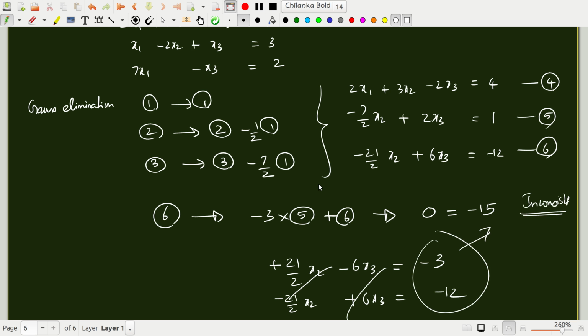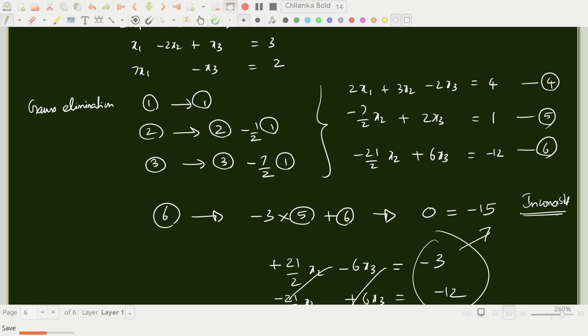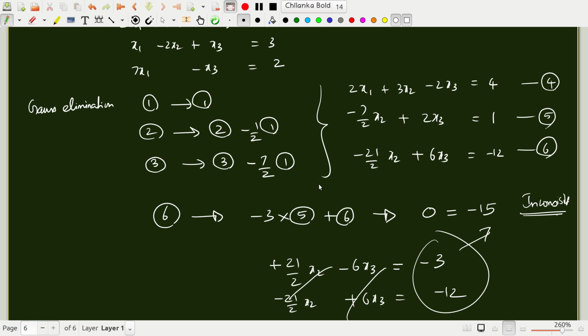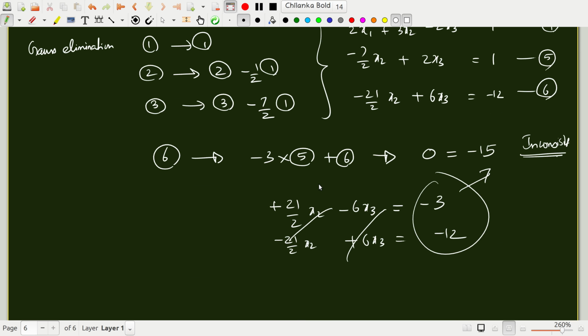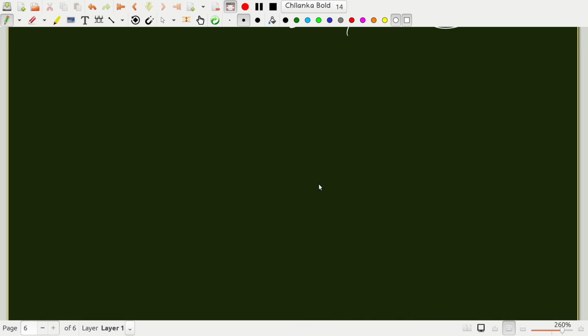So the Gauss elimination idea helps us to find out if there is a solution. It helps us to figure out the solution, but if you have an inconsistent system, then it will also tell you that there is no solution.